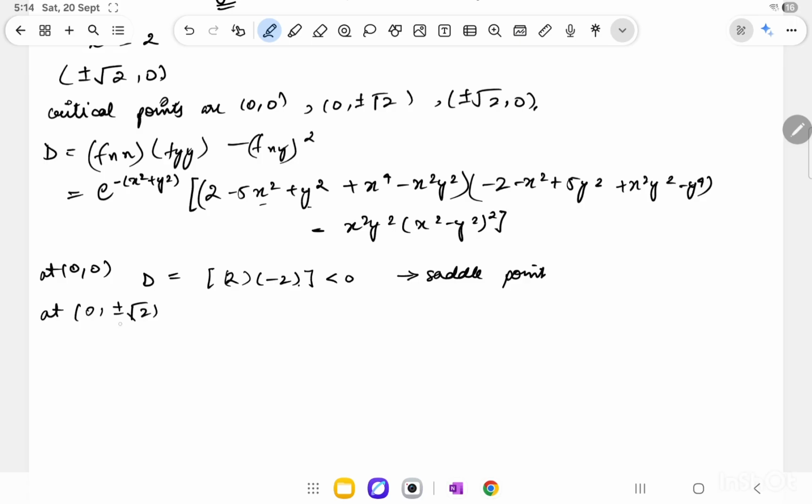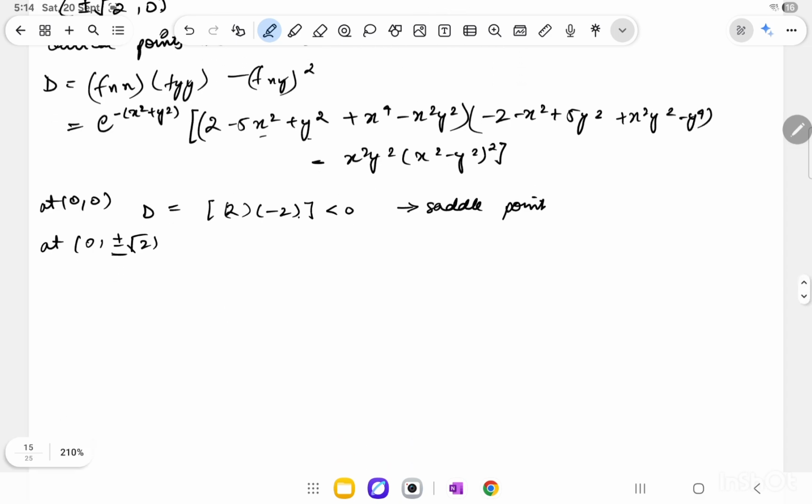So we can check combined, because plus and negative root 2 will give us the same thing because of the even powers in D. Let's just check these points together only.